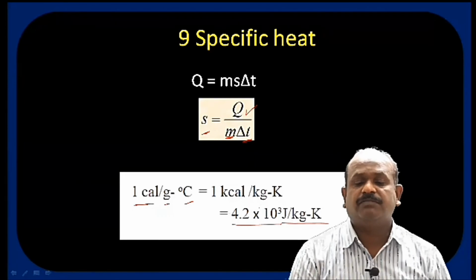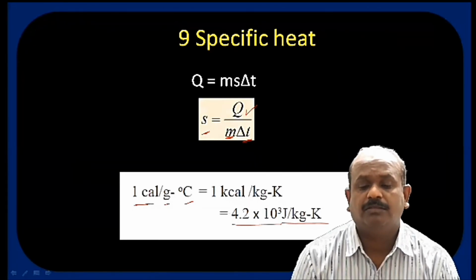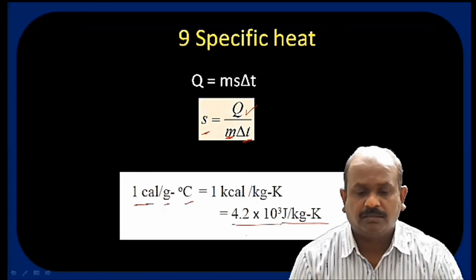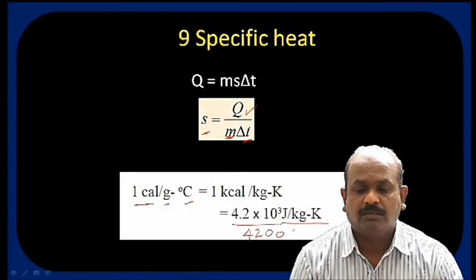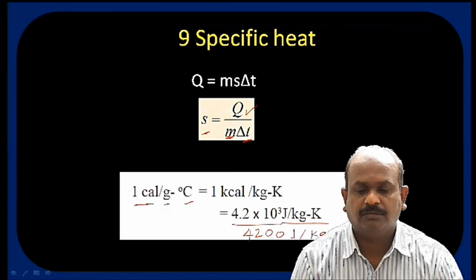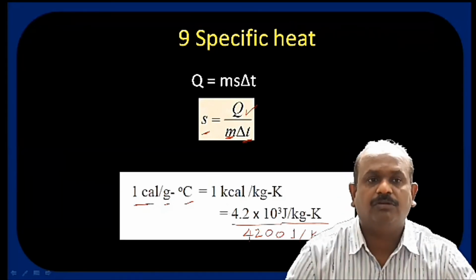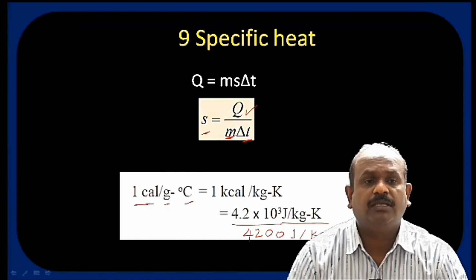The SI unit of specific heat is joule per kg Kelvin. One calorie per gram degree centigrade is equal to 4200 joule per kg Kelvin.